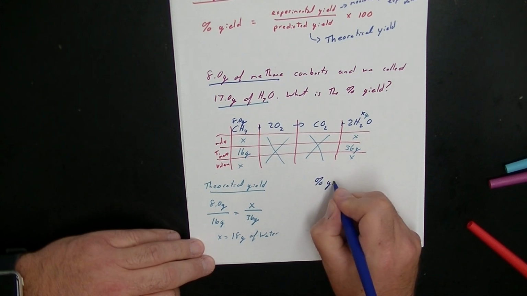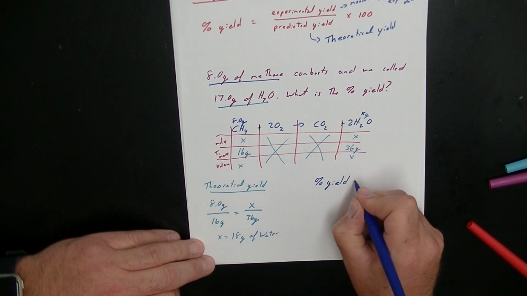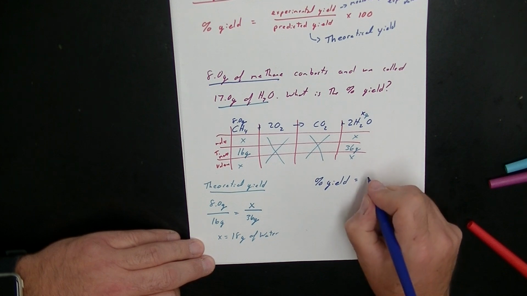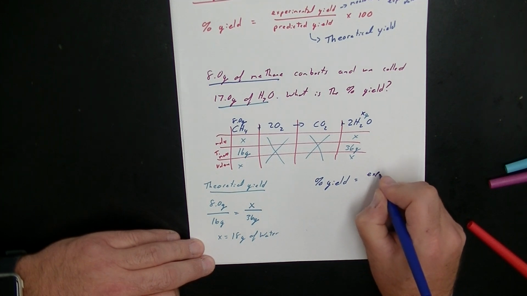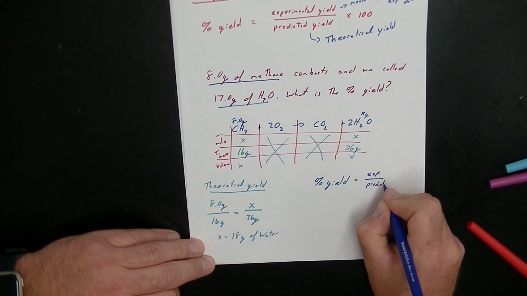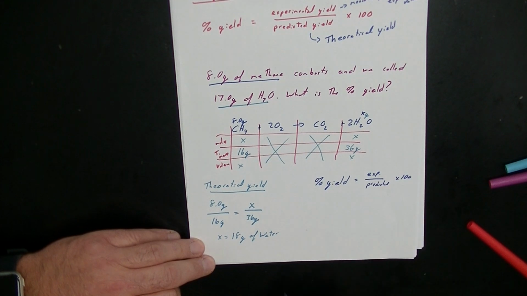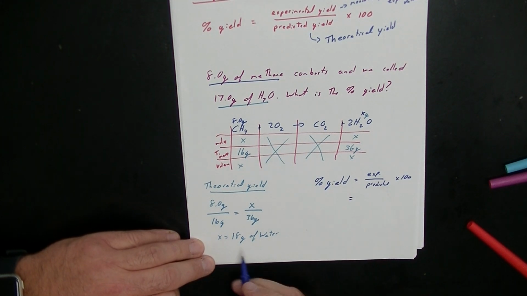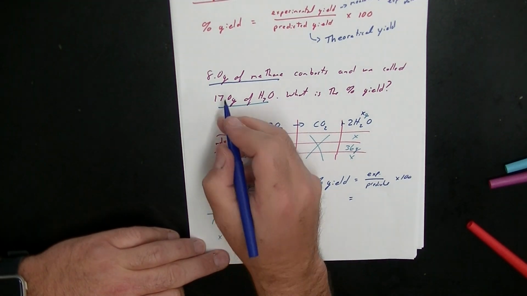Percent yield is equal to our experimental yield, and you can just put experimental over predicted or theoretical, I don't care, times 100.